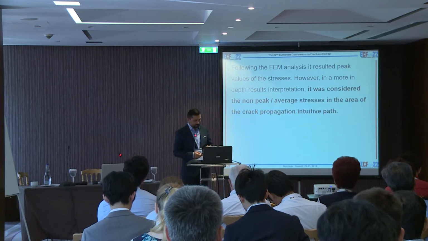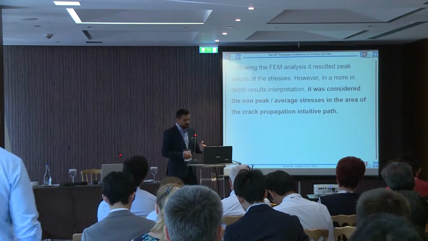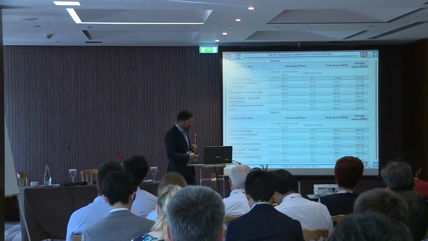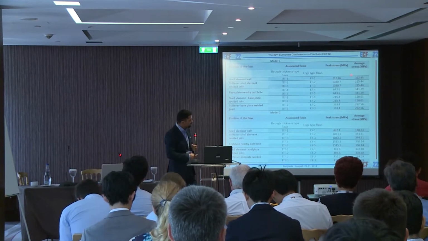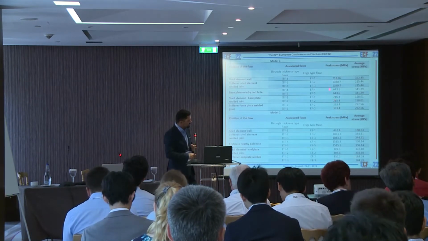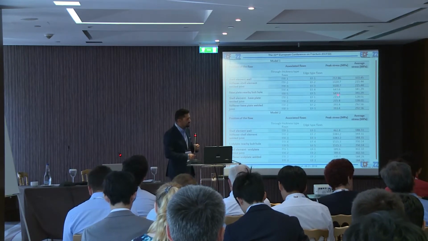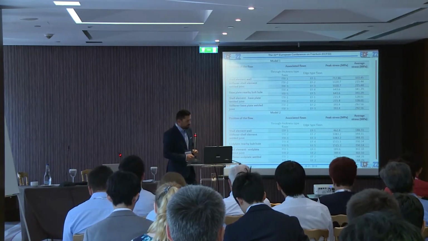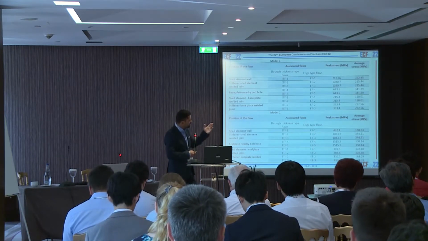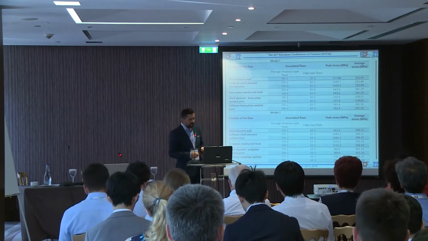We'll see immediately. But here is a discussion regarding the value of the flaws. Why? Because we didn't take the values of the peak stresses. As we can see, 510 megapascals is over the limit. That means that the element in the area of the possible flaw will overstep the limit of the steel.